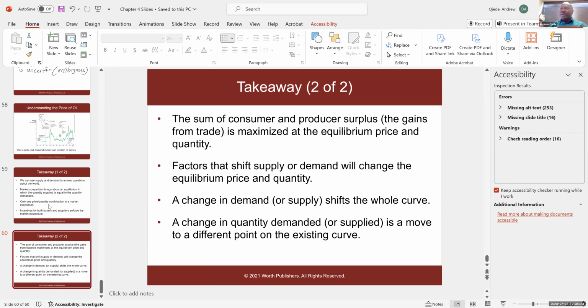Your main goal is to isolate the factors that affect the demand side of the market and the factors that shift the supply curve of the market. Then in chapter 4, we studied equilibrium: how the market reaches equilibrium, and how shifting the supply curve or the demand curve changes equilibrium price and equilibrium quantity. It is that simple.